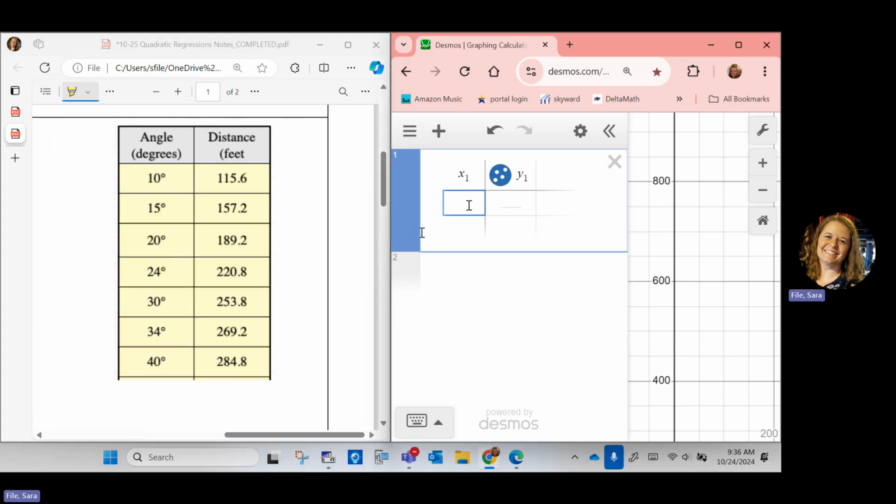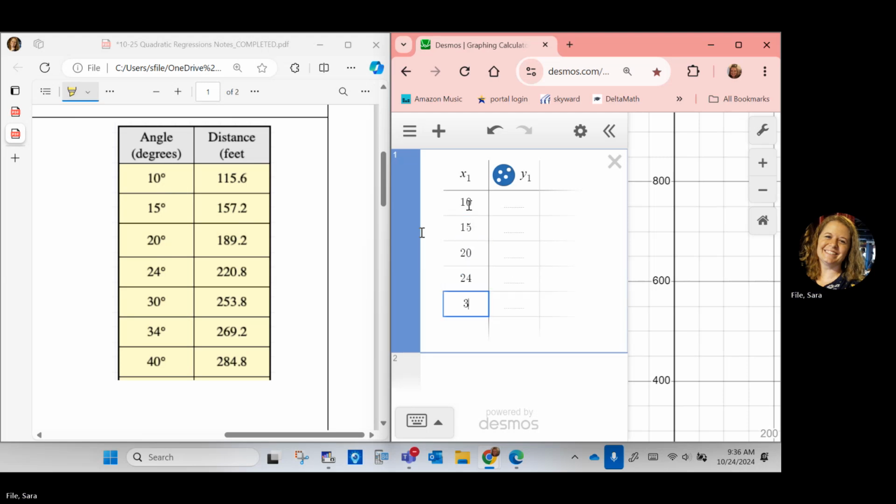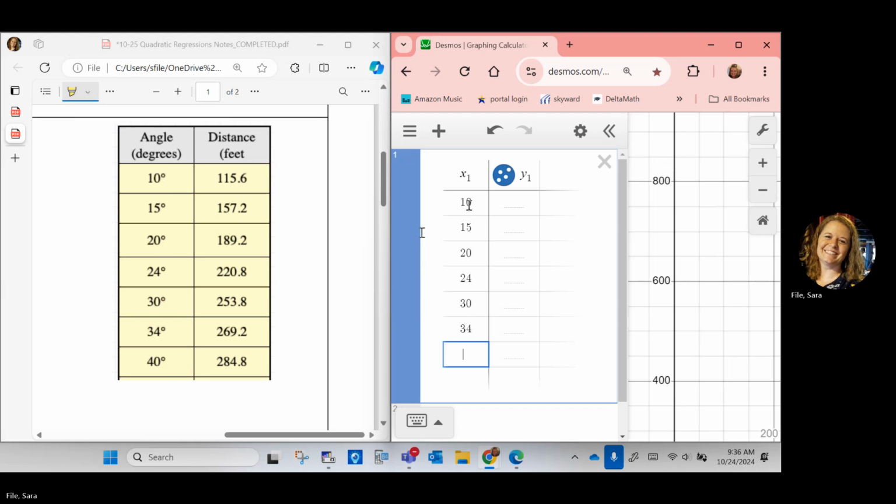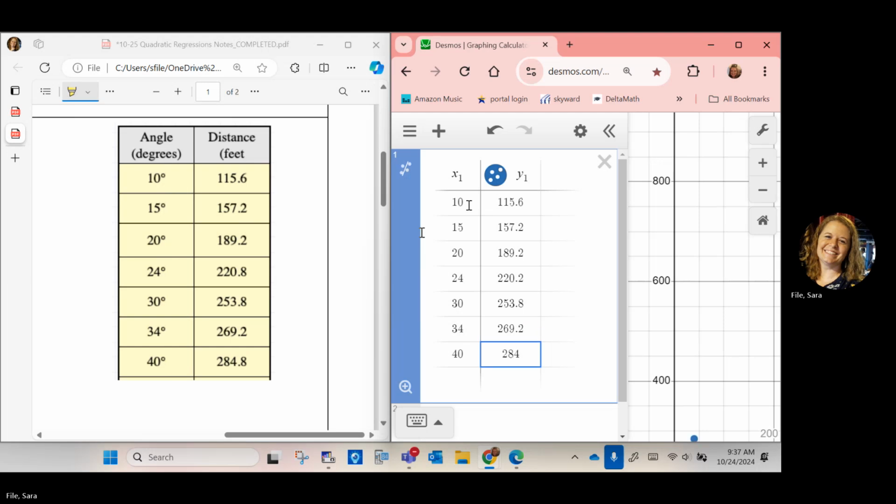So the angle of the ball being hit and the distance that it goes, the horizontal distance. All right, so I've got all my data.